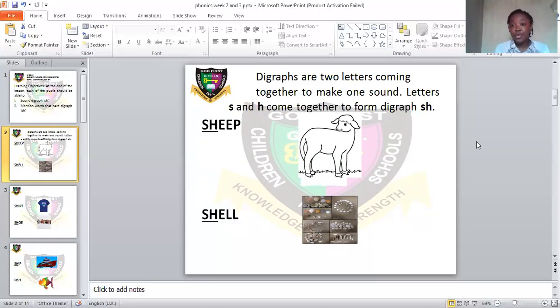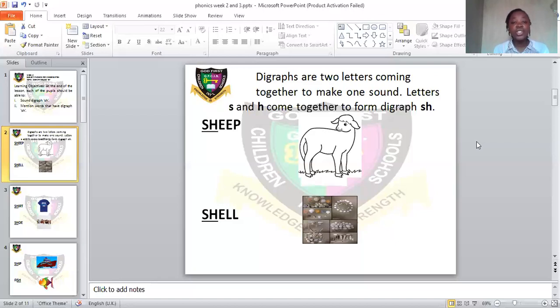And we have examples of digraph sound sh, like sheep. This sheep is an animal, not the ship that moves on water. If you look at the picture, it is an animal, and it is called sheep.